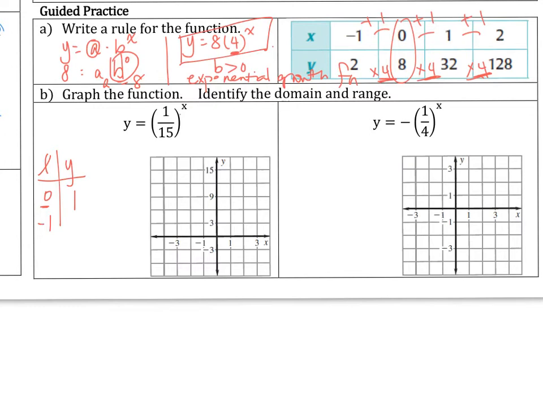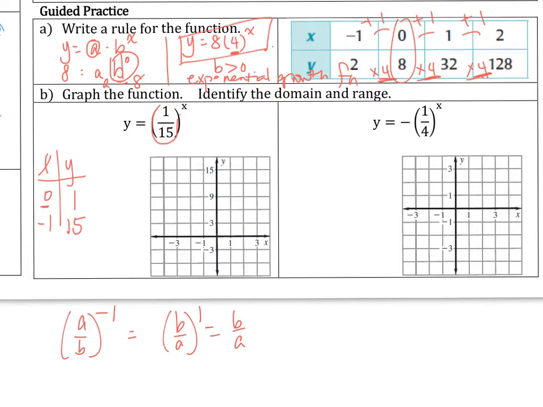If I use -1, then I can just flip 1/15. And remember, this is the power property, a over b to the -1 power. I take the reciprocal of a over b, the power becomes 1, or +1. Okay, so I'm using the same concept.